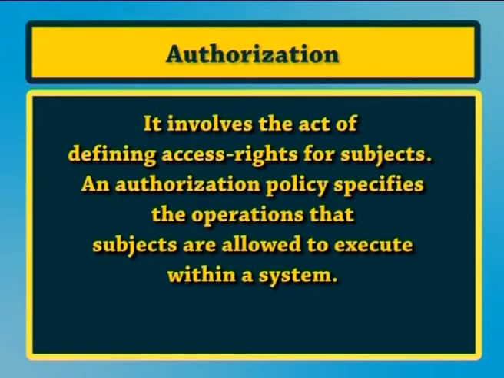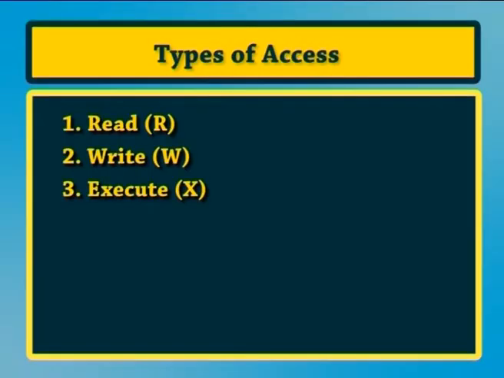Then is authorization. Authorization involves the act of defining access rights for subjects. An authorization policy specifies the operations that subjects are allowed to execute within a system. Most modern operating systems implement authorization policies as formal sets of permissions that are variations or extensions of three basic types of access.